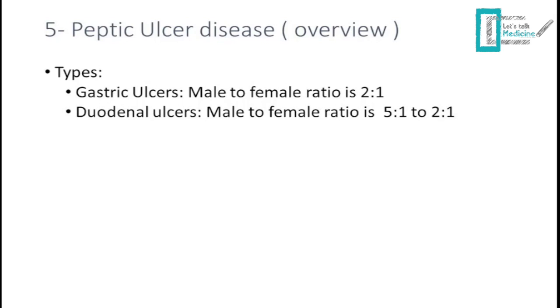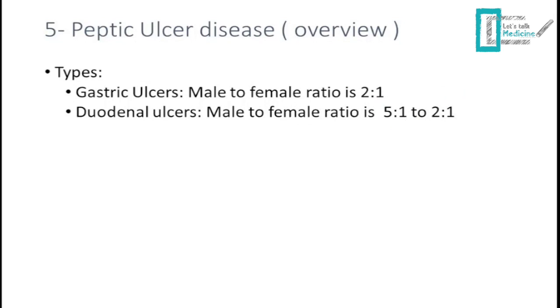Okay, so we have two main types of peptic ulcers according to the region. We have gastric ulcers and we have duodenal ulcers. The gastric ulcer male to female ratio is about 2:1, while the duodenal ulcer male to female ratio is 5:1 to 2:1. So duodenal ulcers occur more in males than in females, and in general duodenal ulcers occur 3 to 2 times more than gastric ulcers do.